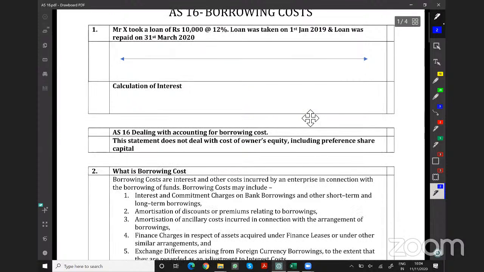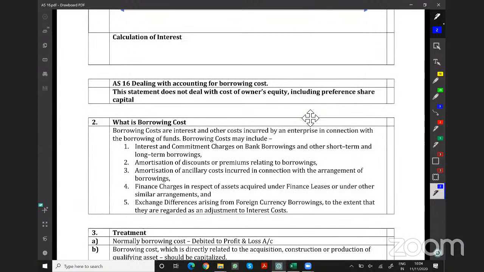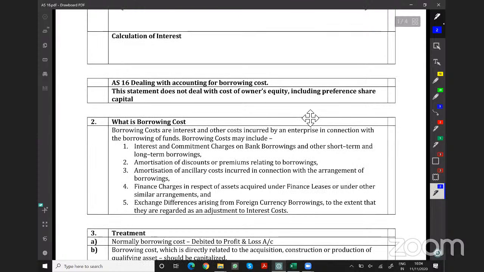AS 16 deals with accounting for borrowing cost. This statement does not deal with cost of owner's equity, including preference share capital. So they deal with only borrowing cost. So what do you mean by borrowing cost? Interest and bank charges and so on for short term and long term.